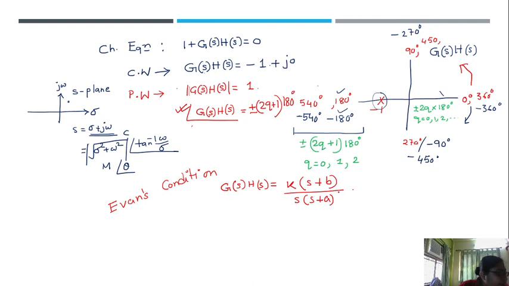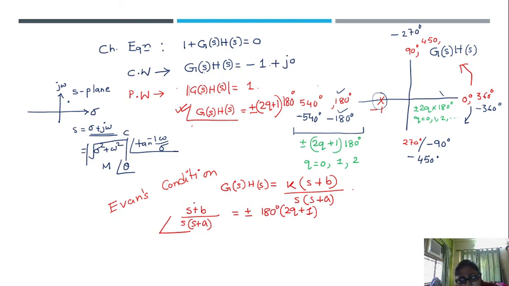The angle criteria for the root locus for this particular system we can write this way: the angle of G(s)H(s), that is the angle of (s plus b) by s into (s plus a), will be equal to plus or minus 180 degrees into (2q plus 1). So this will be the angle criteria.